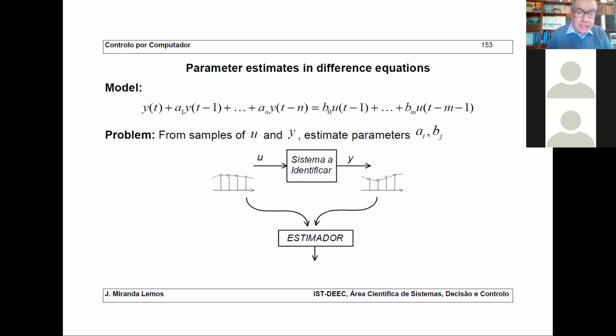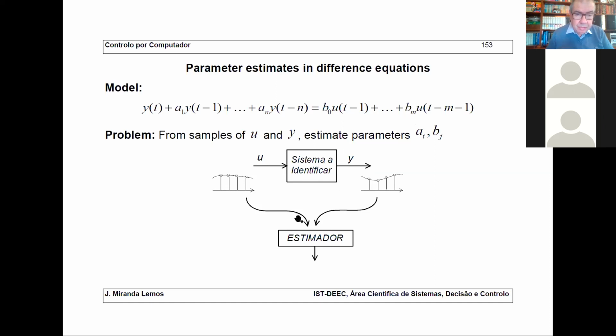Usually you think of the system associated to this problem: I know U, I know the system, so that's knowing the A's and the B's, and then I want to compute Y. But now, instead of computing Y from the system and from the input, we are solving another problem, which is, given a pair of U and Y that I observe, I want to estimate the parameters of the system.